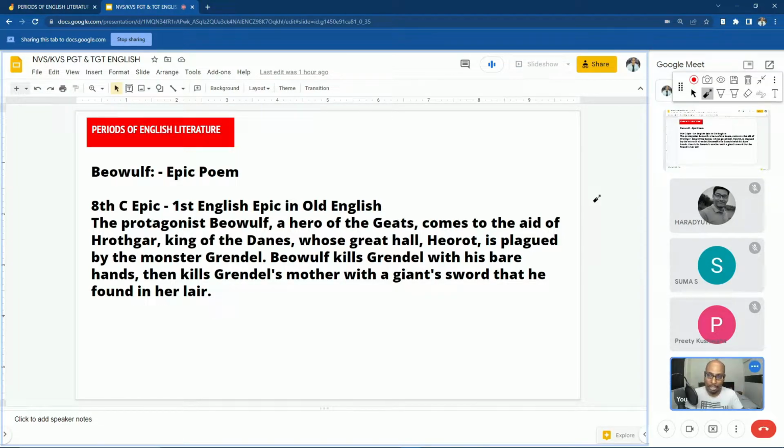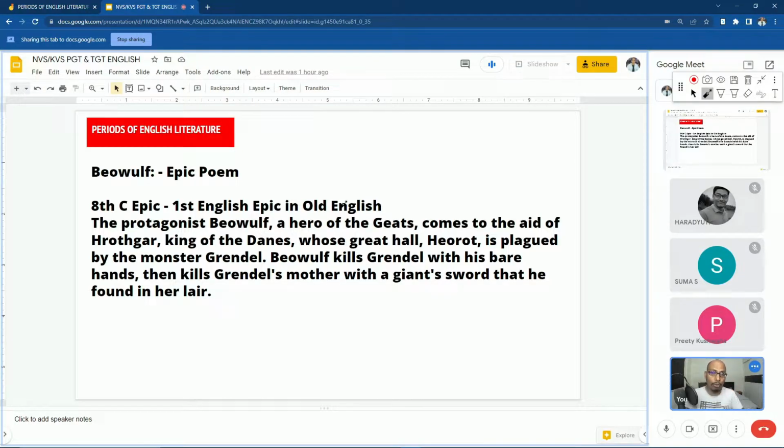But in the exam, if they ask you which is the first epic in Old English, or which is an epic among the options given below, if you find this Beowulf poem, then definitely you have to go with that option, because Beowulf is an epic poem composed in the 8th century, and that is the first English epic in Old English literature.